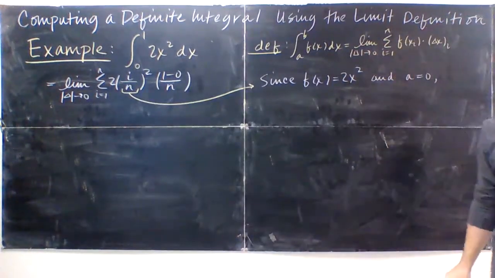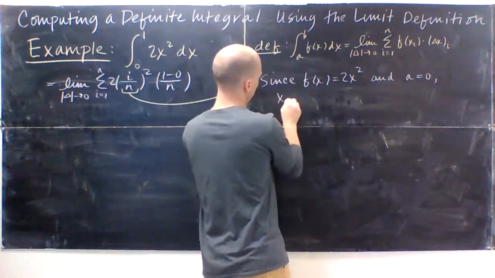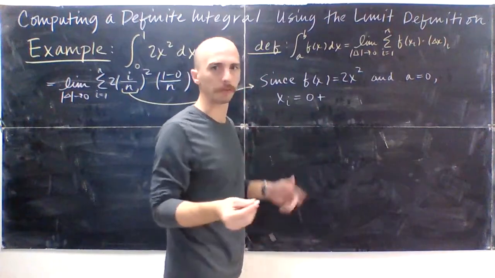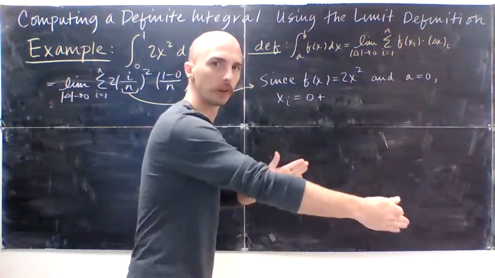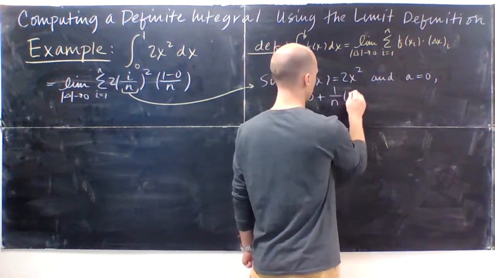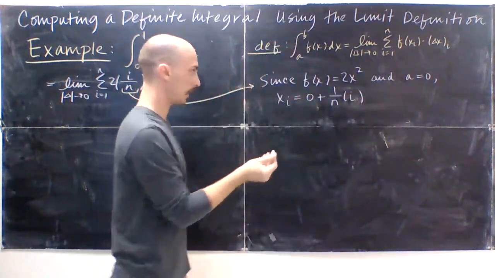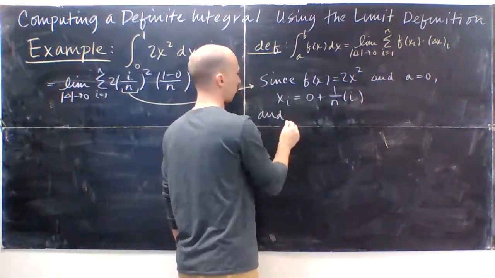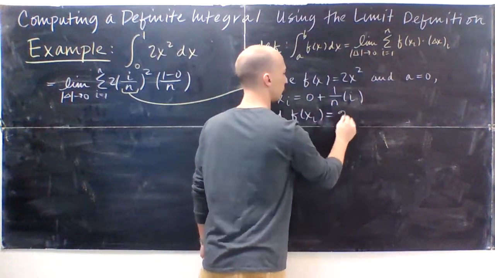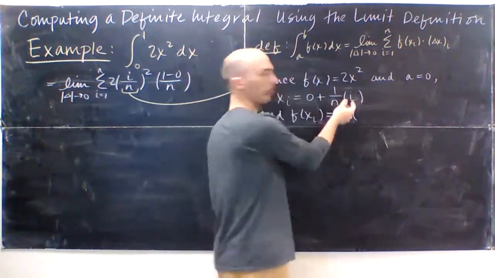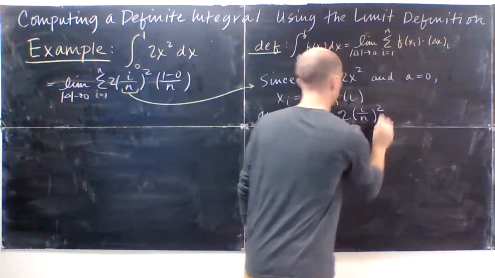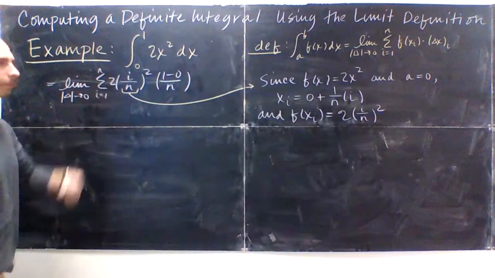The x's that I'm going to be interested in, x_i equals 0 plus i delta x, right? The first x is going to be after I jumped over delta x once. So delta x is 1 over n times i, and also f of x_i is going to be 2 times, well, that's 0 plus 1 over n times i. I'm just going to write that as i over n. We can write it like that. Okay, so that's where I got this from.